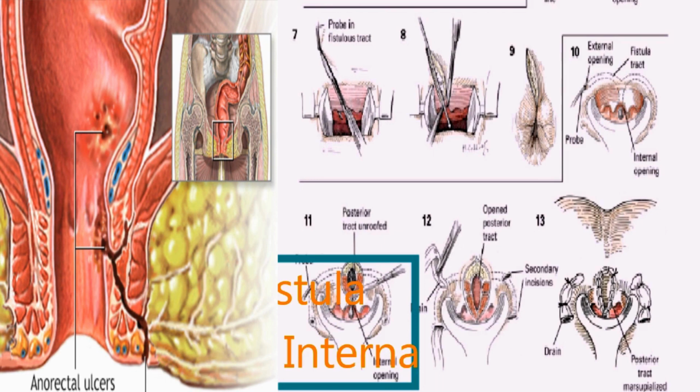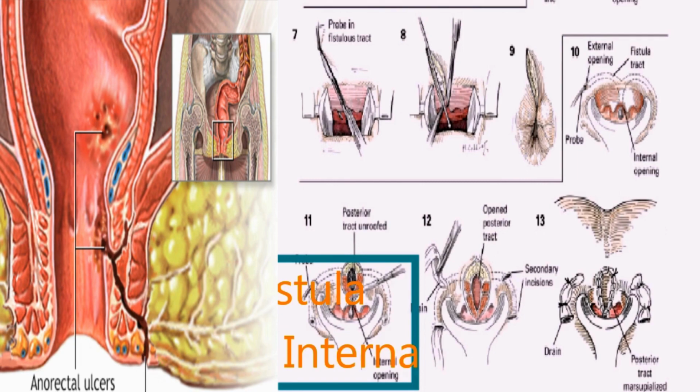The main posterior tract is identified with a probe, Figure 10. A short posterior portion of the tract is unroofed and the involved crypt excised, Figure 11. The anterior tracts are curetted and drained via soft rubber Penrose drains through secondary incisions along the tracts, Figure 12. The posterior tract is marsupialized.